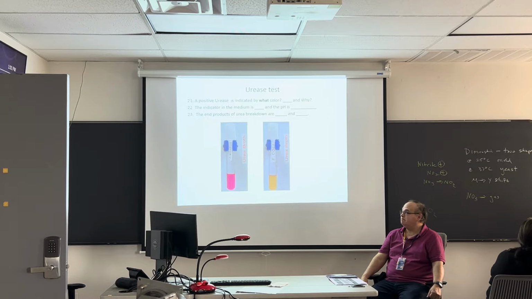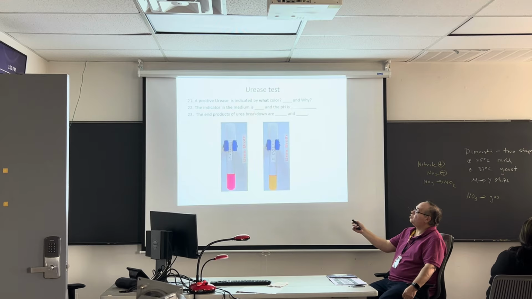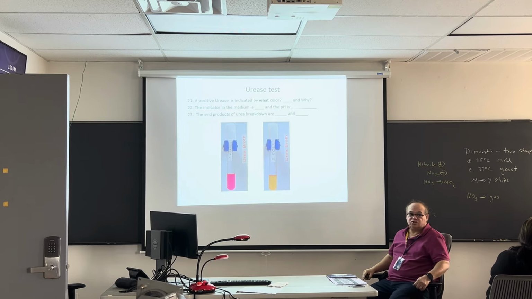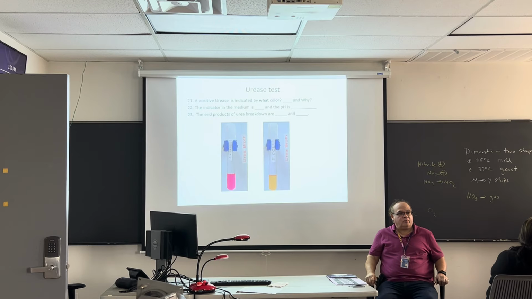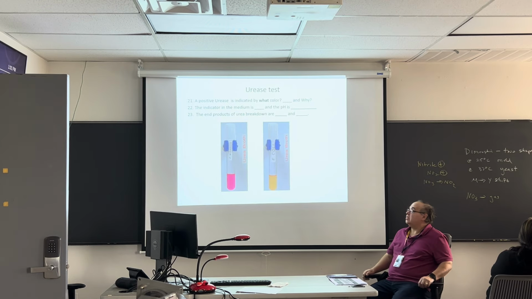Neutral. The end products of the breakdown of urea, we talked about this already. What are they? Ammonia is the big one, that's the one we want. The other one is a gas and it gets freed. What is that? Carbon dioxide, CO2. Okay? Anybody have questions about urea?